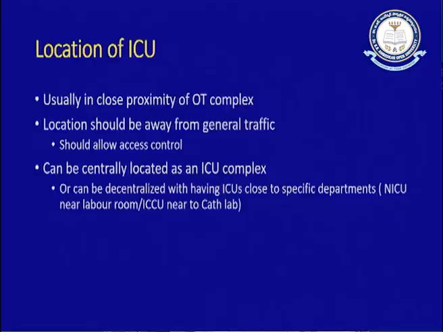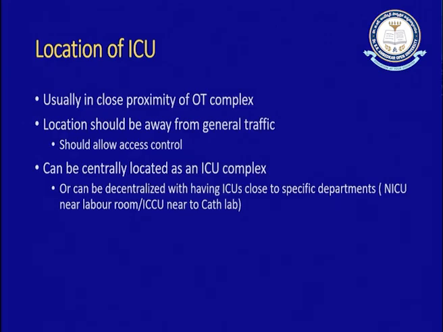Why? Because these are again critical service providers within the hospital. These are departments which provide critical services. So, they have to be in close proximity: if there is some critical condition resulting from an operation theatre, the patient is put in the ICU, or if a patient in the ICU develops a critical condition which needs surgery, the patient can be immediately and easily shifted to the OT.